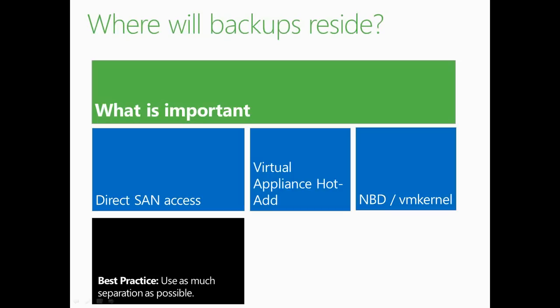The first of which is direct SAN access, and I'm starting with that one because that's my favorite. Direct SAN access is provided by the Virtual Disk Development Kit, or the vStorage APIs for Data Protection is probably a better parent family of technologies where this comes from.